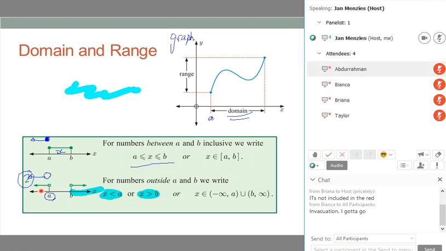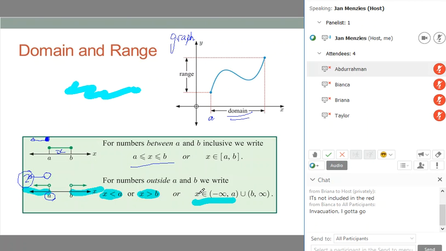And over here, if we get out the highlighter again, the domain is what we call a disjointed domain because it includes all the values less than a. And it includes them on to negative infinity. So now have a look at this symbolism.